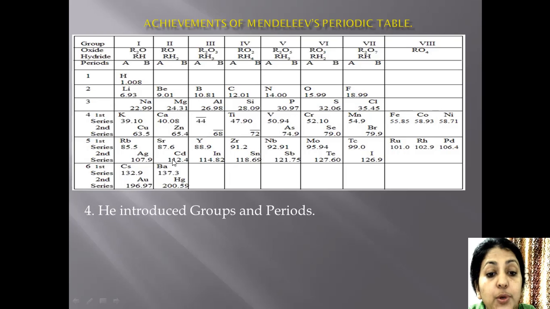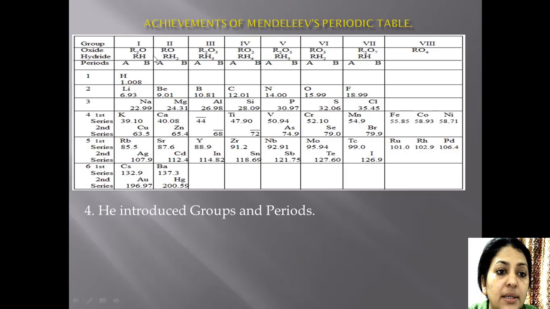He introduced groups and periods. Now in this periodic table, you can see 8 groups. These are called groups. The vertical columns are called groups. This is the first group, second group, third group, and so on. 8 groups are there in total. And the horizontal rows are called periods.